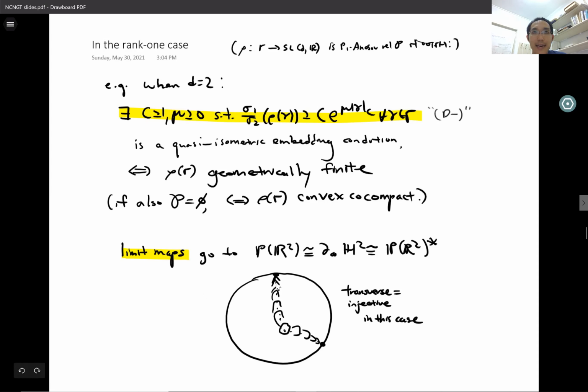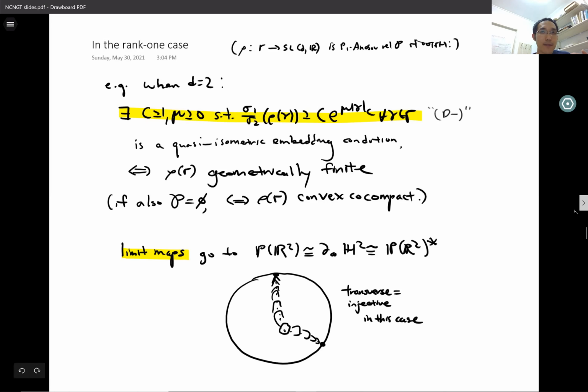So given a point x in the boundary of the group, you can take some sequence of points in the group that converges to x that corresponds to some sequence of orbit points in the hyperbolic plane. And that sequence of orbit points is going to converge to some point in the boundary of the hyperbolic plane. And that point in the boundary is where our limit map sends x.